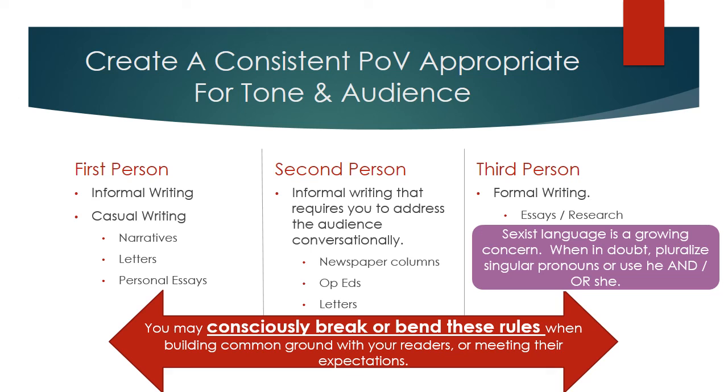And that conscious decision needs to come when you're building common ground between readers, like meeting the readers where their expectations lie, or sometimes breaking those expectations to make a certain point. So you need to be conscious of your pronoun usage and making an effort to use it in a way that's effective for the audience. So now let's see how you do with it.